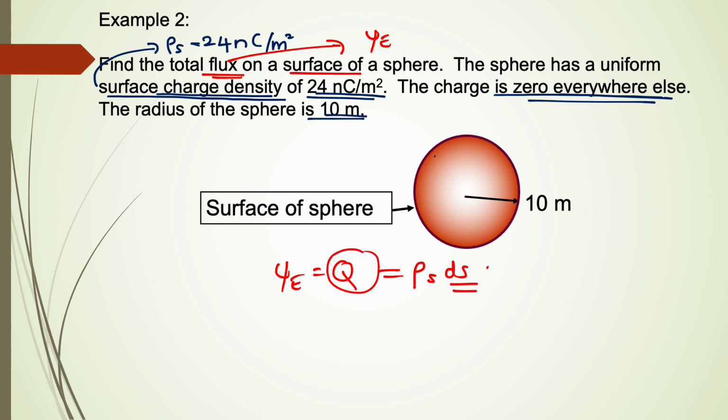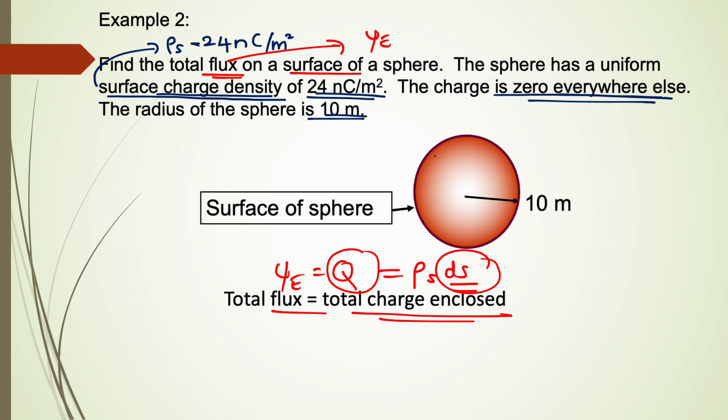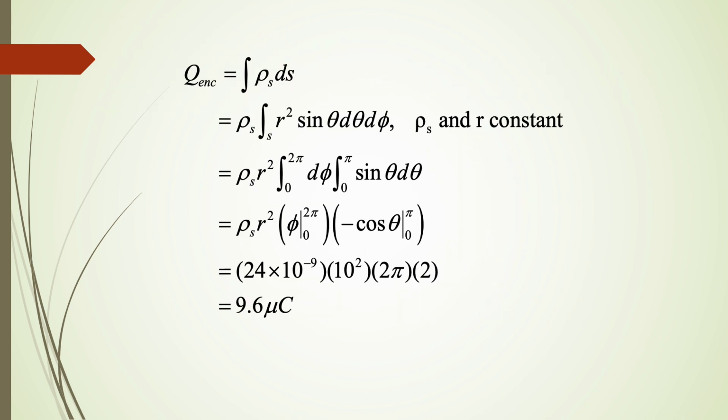So we need to find our dS now. Total flux is equal to total charge enclosed. So psi E is equal to Q enclosed, and Q enclosed is equal to the integration of rho s dS over the whole surface.